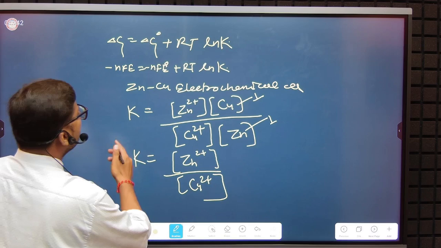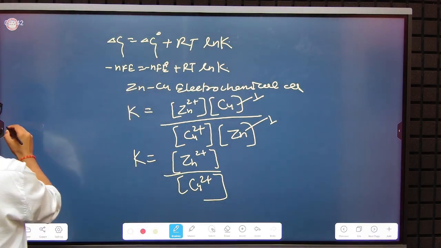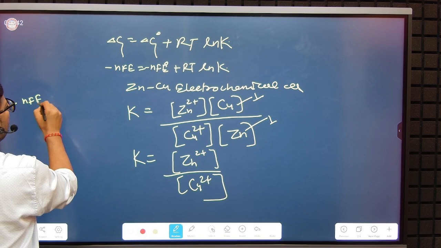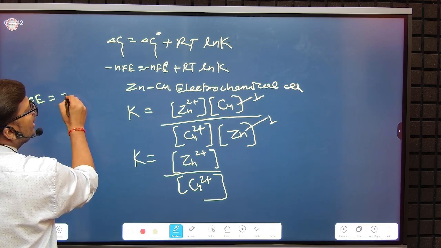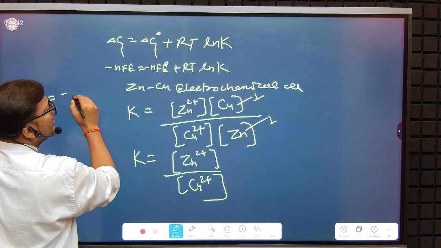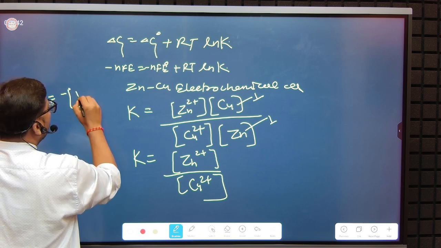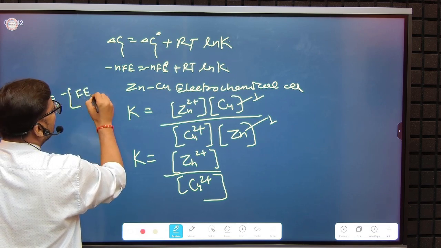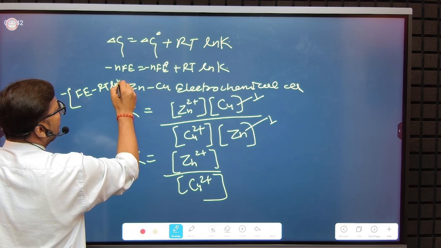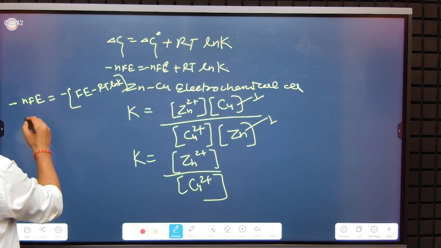So what happens here from this particular setup? If nF E is equal to minus, if we take it out, then what happens? nFE is minus RT ln K, right?